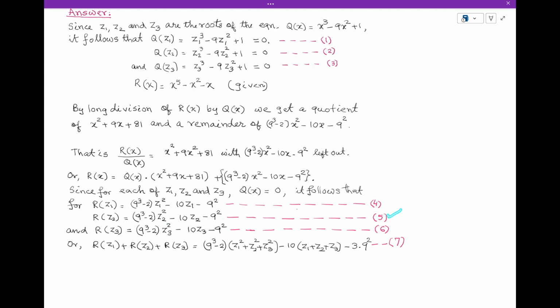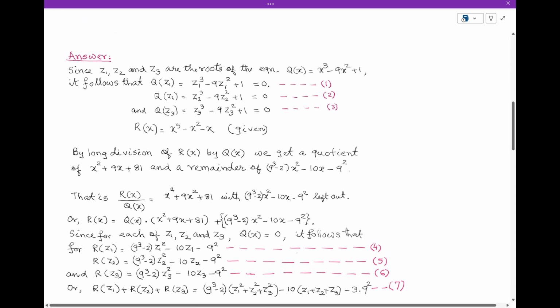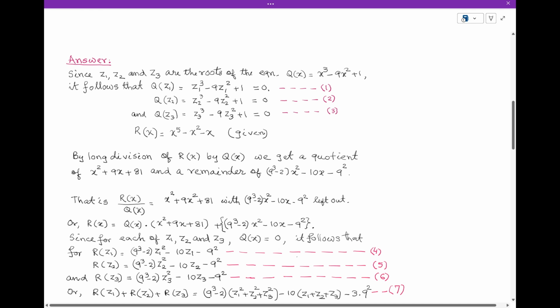And finally, R(g3) is equal to the remainder evaluated at g3. Let us call it equation 6. This is because the first term in this equation becomes 0, because Q is given to be 0 at the roots g of the equation Q(x).